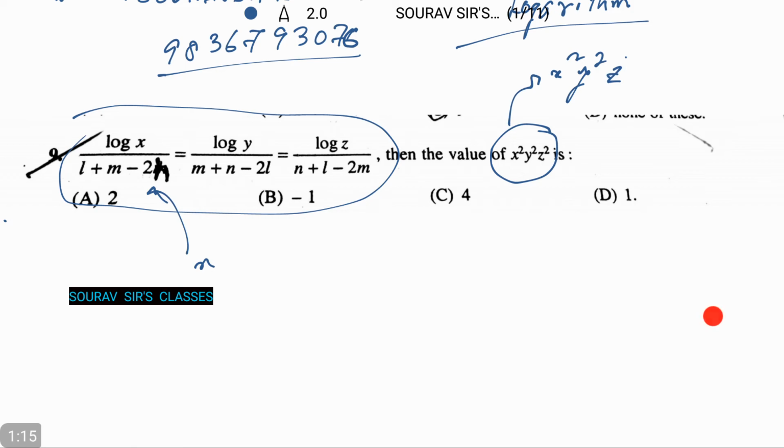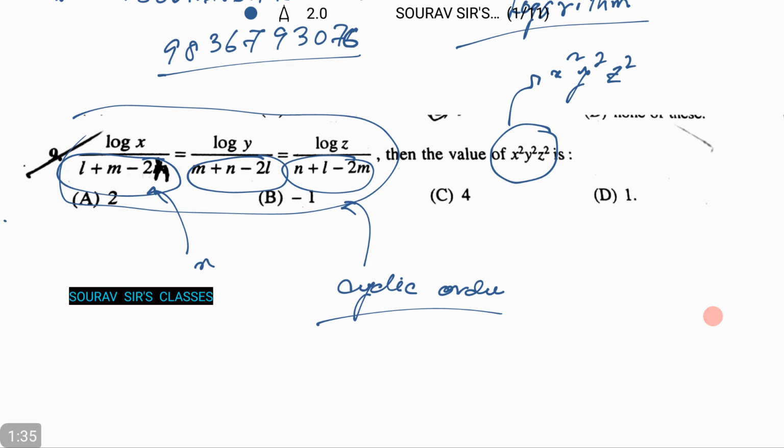Now what we do is we just observe that the denominator terms are in what is known as a cyclic order. We call this so because they switch places with each other once each term is observed.